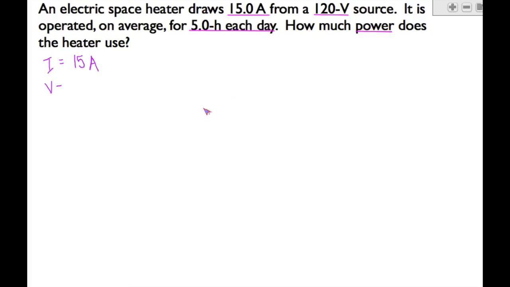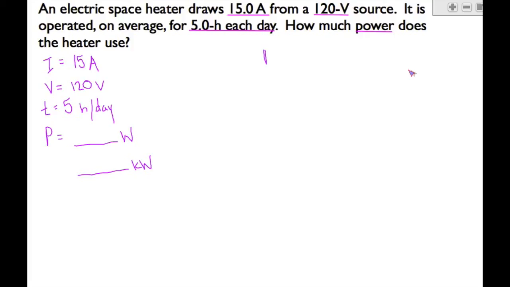Volts are nice because voltage is a V, and the units for voltage is also a V. And then we have a time of 5 hours per day. And we want to know the power. We can put that in watts, or we can put it in kilowatts. We'll do both.